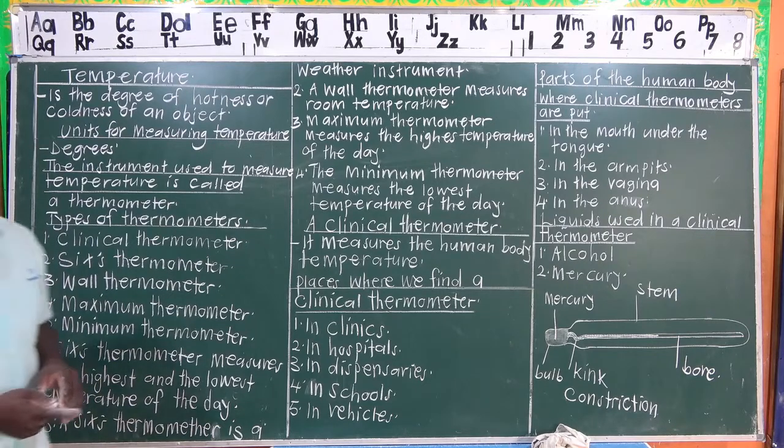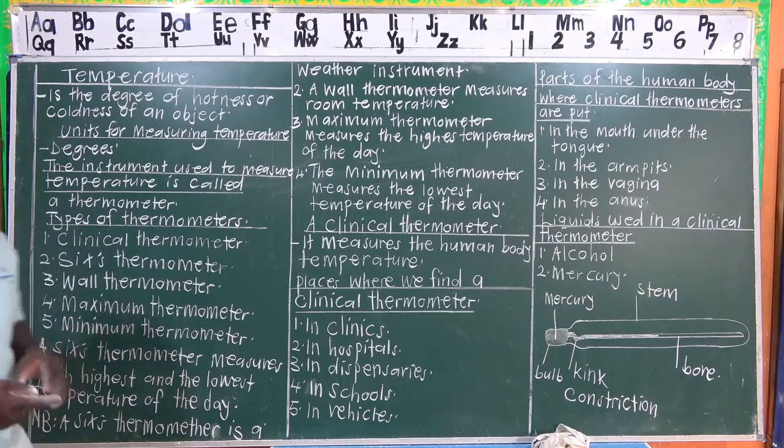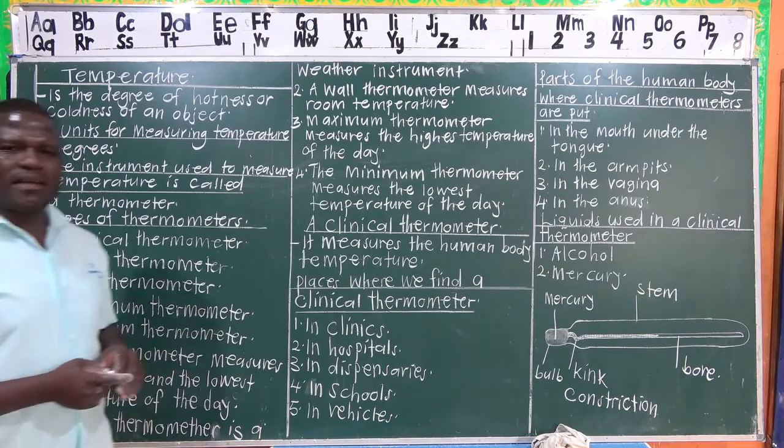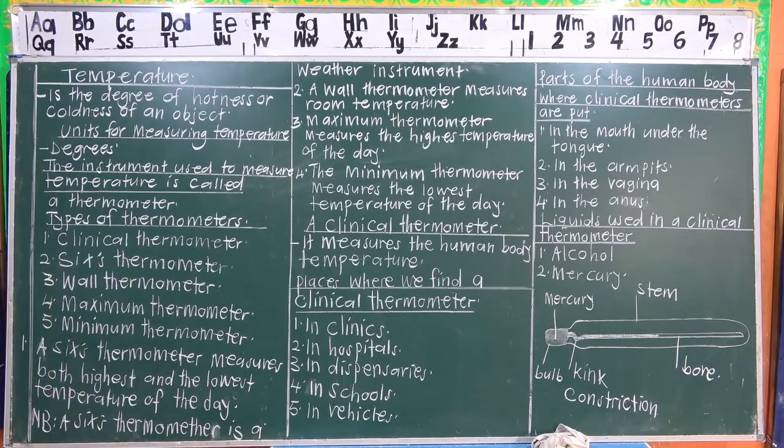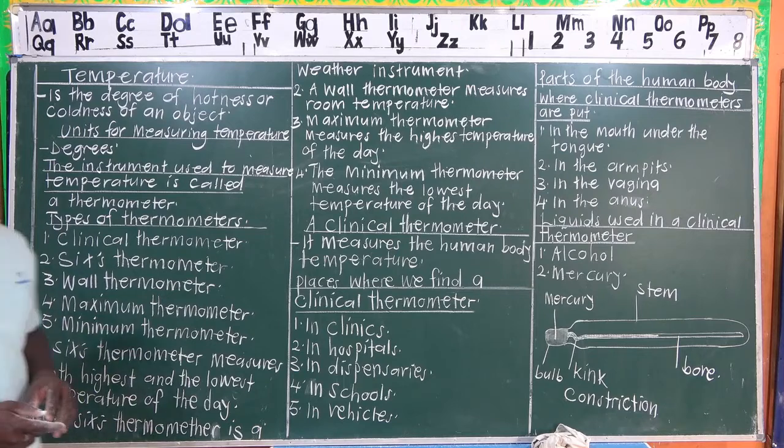Then how is a 6-inch thermometer important? A 6-inch thermometer is used to measure both maximum and minimum temperature of the day. Or you can say a 6-inch thermometer measures both the highest and the lowest temperature of the day.